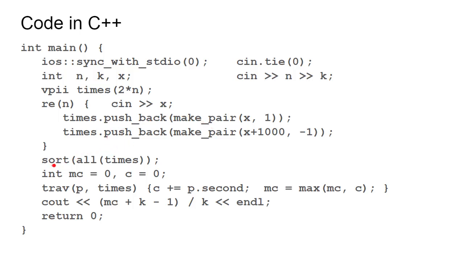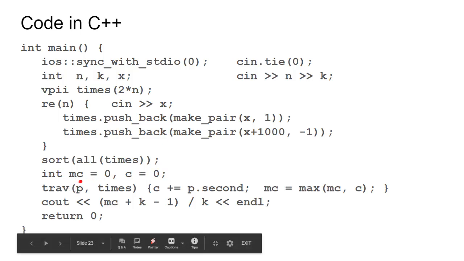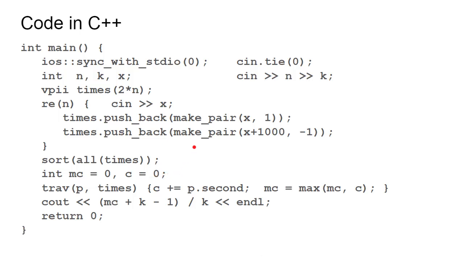And then I use a sort. I could use sort with times.begin() and times.end(), but this is just slightly shorter. And then here the logic, I use the one that I mentioned last time, where we can just calculate the maximum number of requests at any time, which is kept in variable MC, and C keeps the number of requests going on.